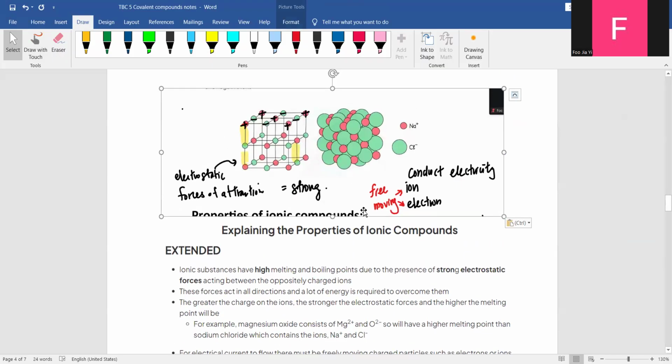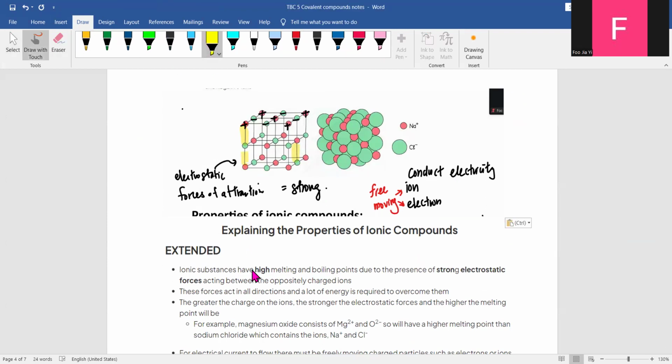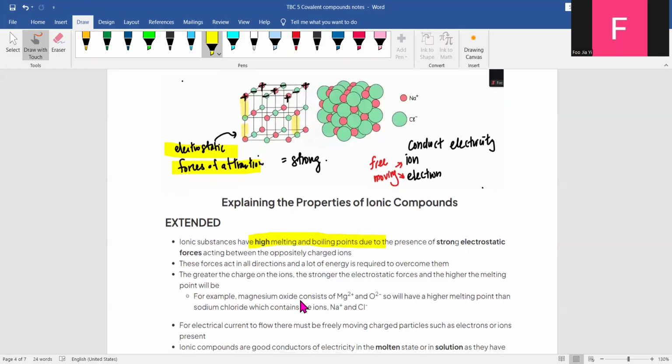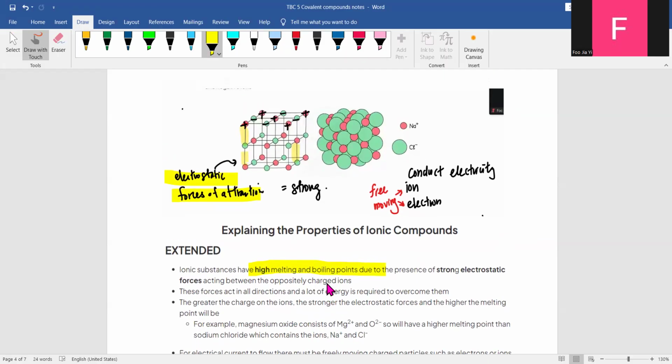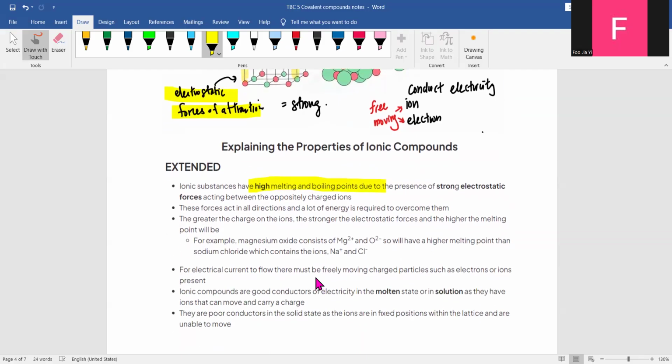In molten or aqueous, the ions are freely moving, but not in solid. And they have very high melting point and boiling point because the electrostatic forces of attraction are really, really strong. So it's very hard to melt them.